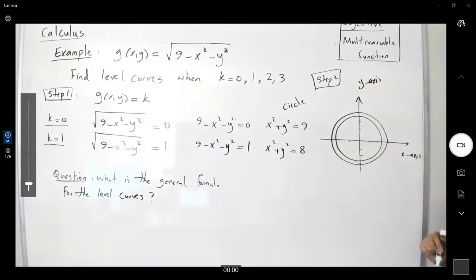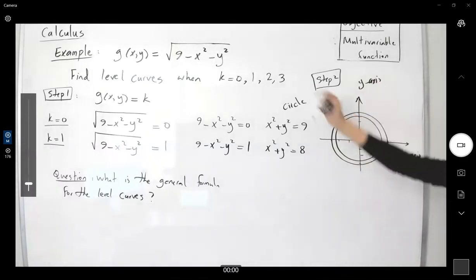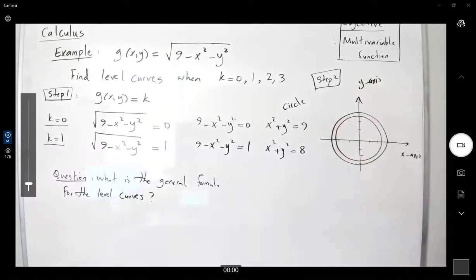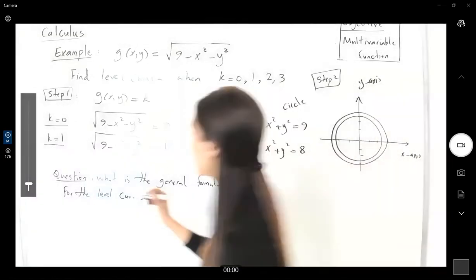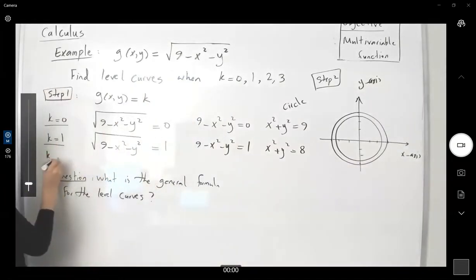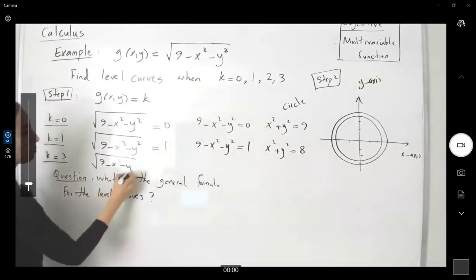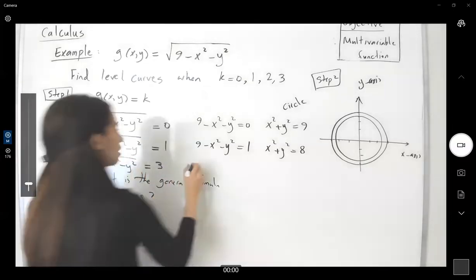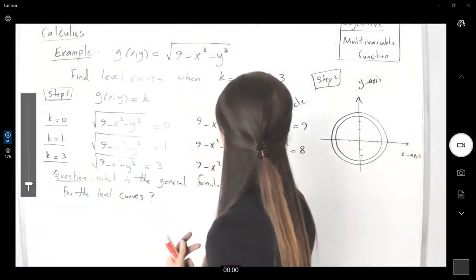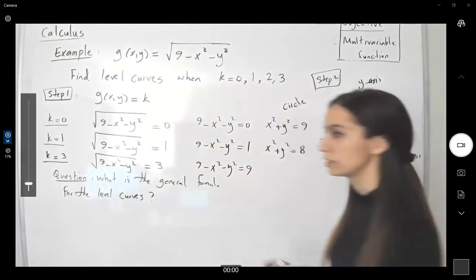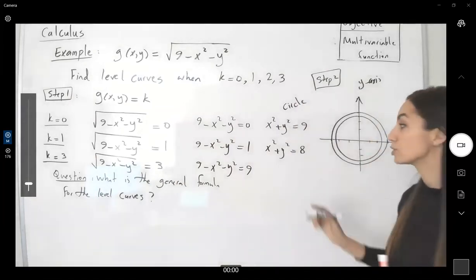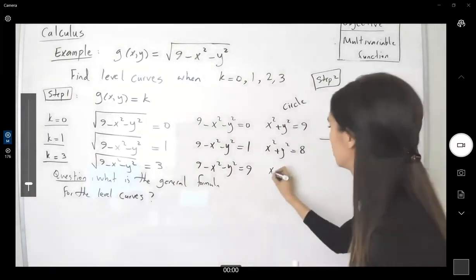We can plug in more values for K, and we actually see that if K is equal to 3, the square root of 9 minus x squared minus y squared is equal to 3, or 9 minus x squared minus y squared is equal to 9, or x squared plus y squared is equal to 0, or the origin.